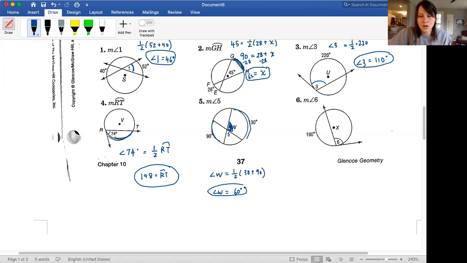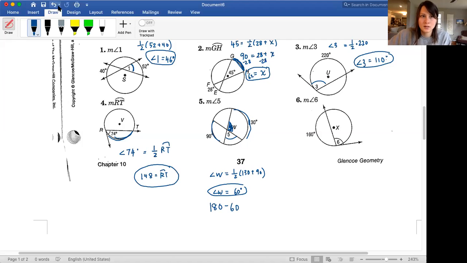But I want to find angle 5. So to find angle 5, it would be 180 minus 60. Oh, this is a 130. So typo here. 130.